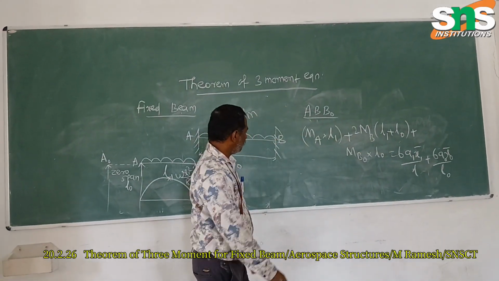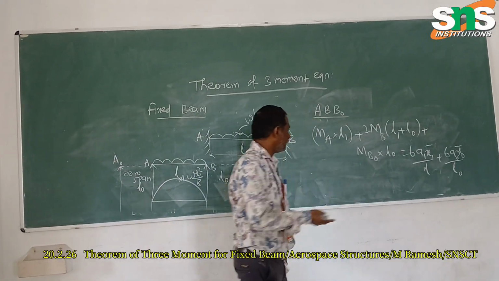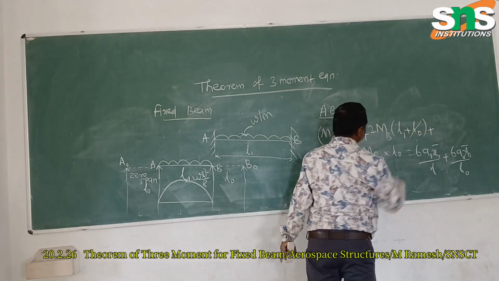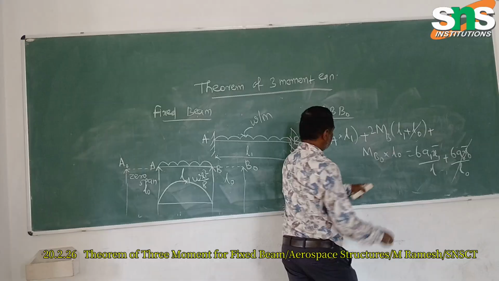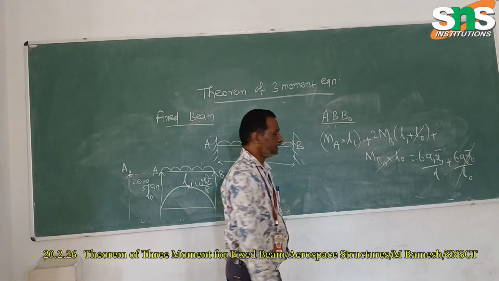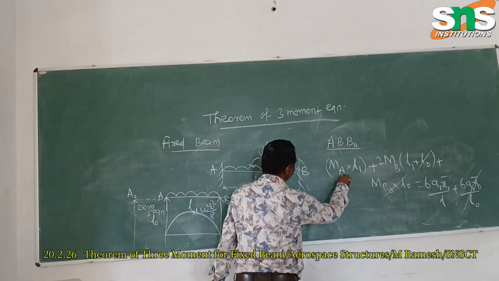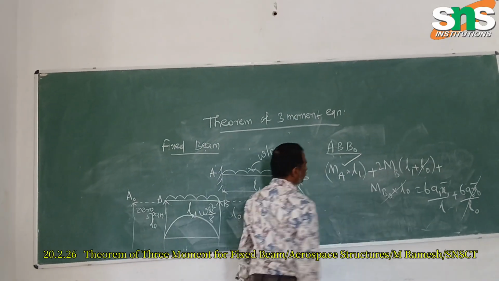So now wherever this L naught comes, that comes as 0. Okay, this gets cancelled, this gets cancelled, and this one gets cancelled. W is just this imaginary region, and I know the value of MA. Okay, MA I know, use it.